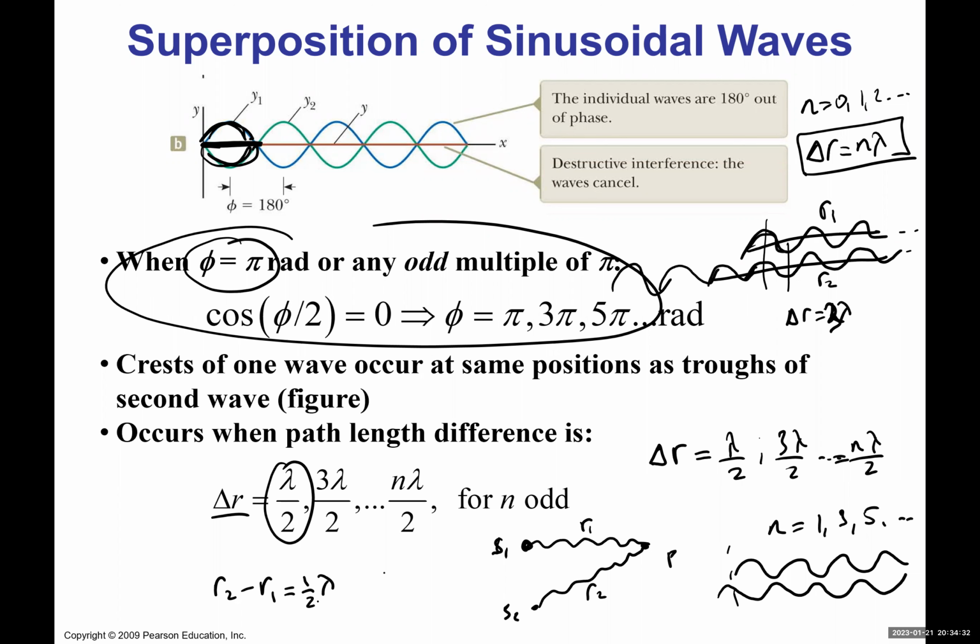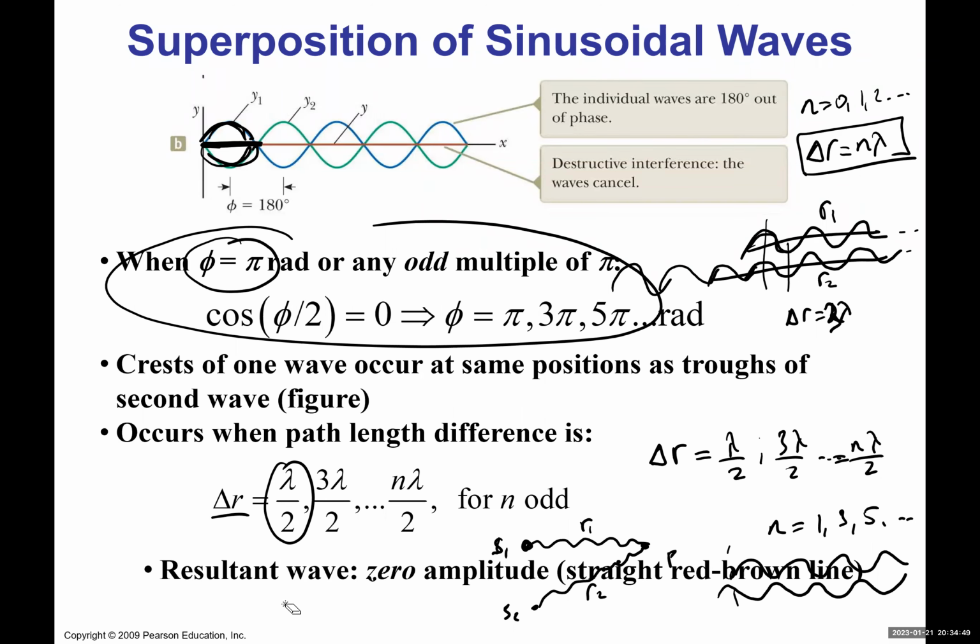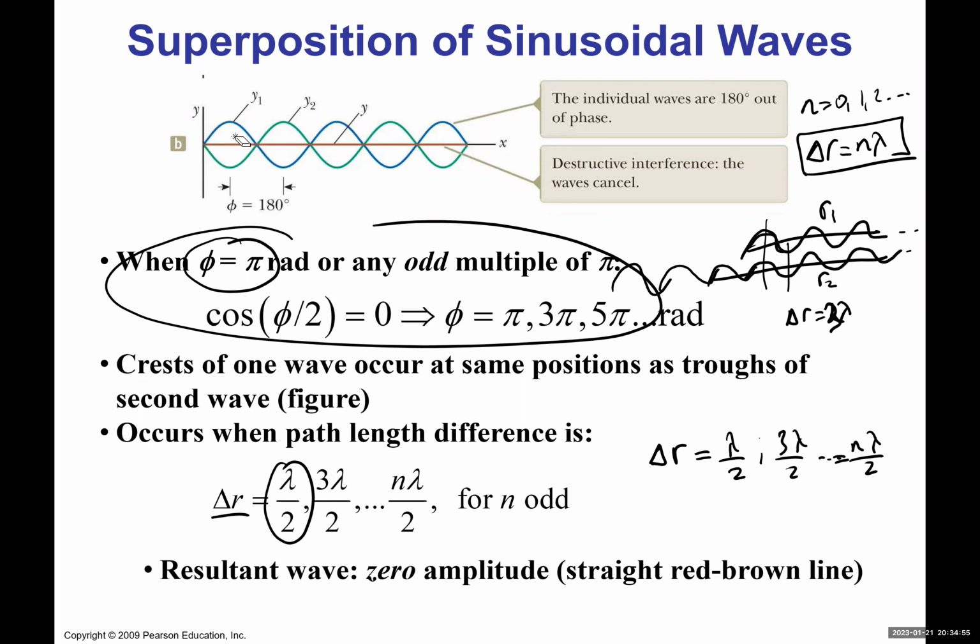Then I can shift 1.5 wavelengths or 2.5 wavelengths, and so on. That's basically what we end up with when the superposition waves combine and they are out of phase. The resultant wave has 0 amplitude, which you can see in the red brown line in this diagram right here.